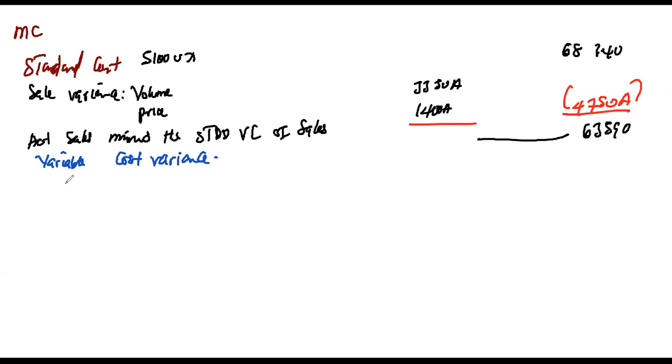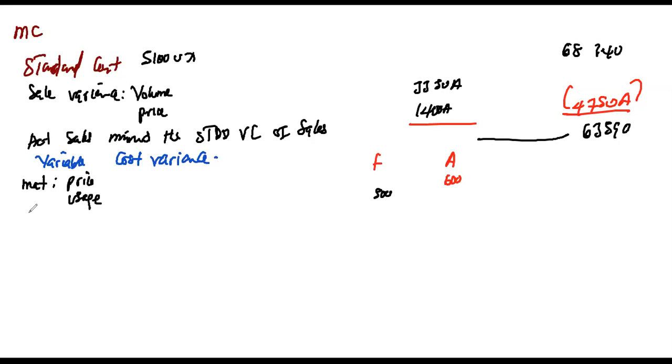As usual, we have our material, with price and usage, adverse and favorable. What was our material price variance? Just copy and paste, 600. Favorable, how about adverse 600? The usage was 500.